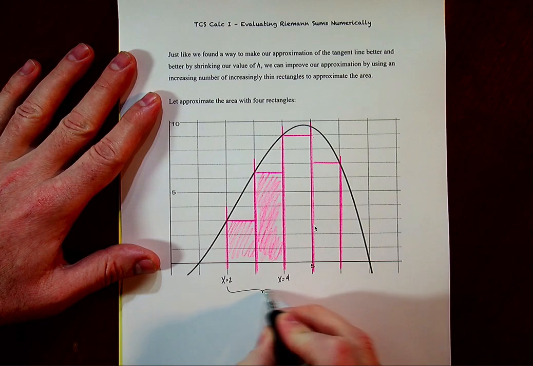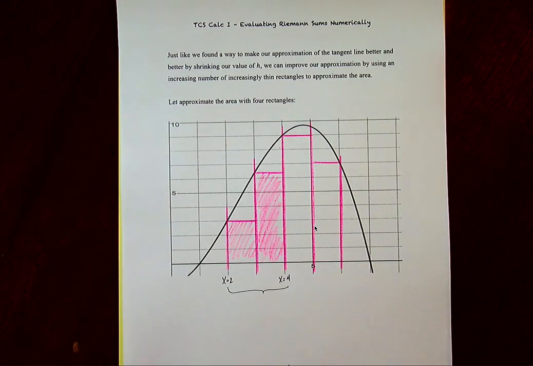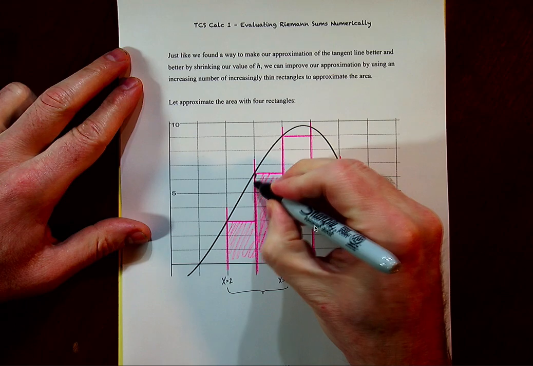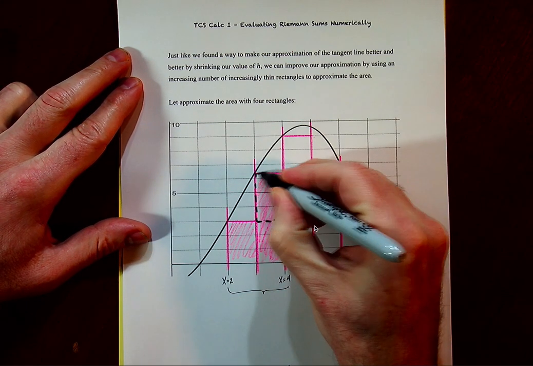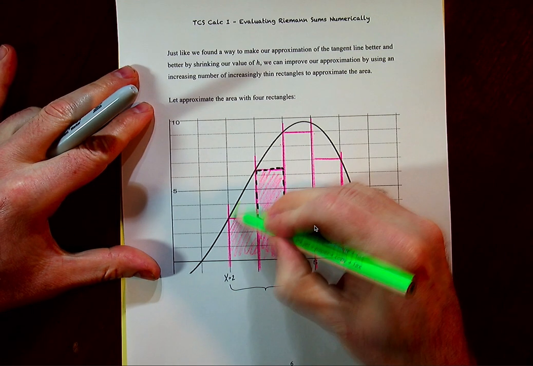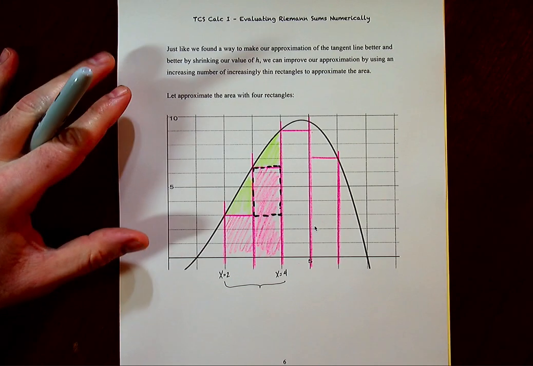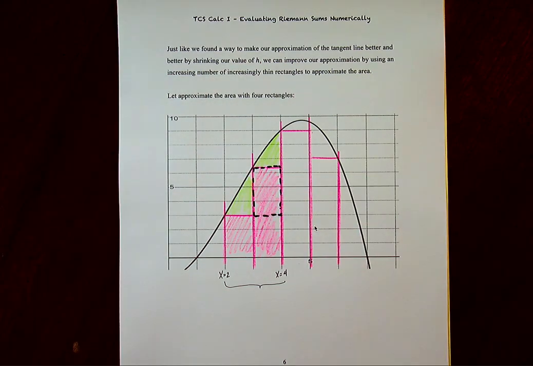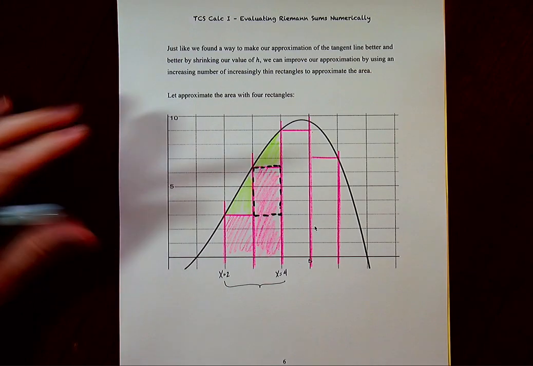This right here in the previous one was 1 subinterval, not 2. And so this new estimate actually gets rid of some of that green area from the previous one and chops a little bit of it out, right? Because this is the difference between the previous one, having only 2 rectangles, and now having 4.